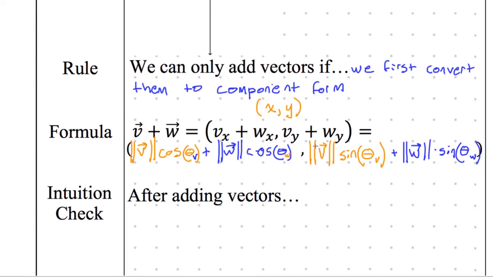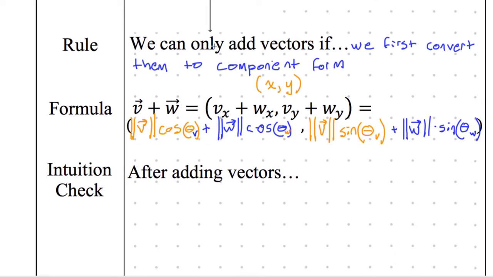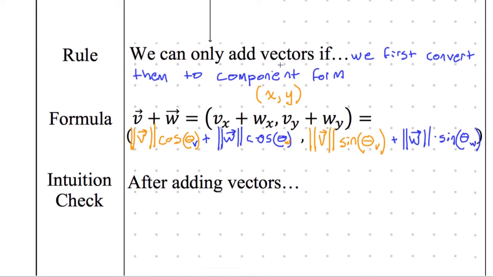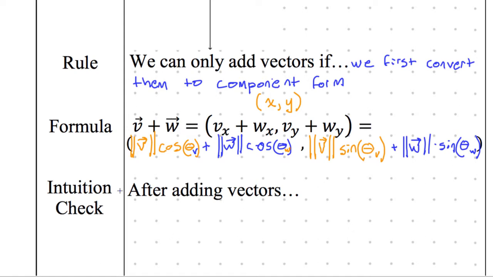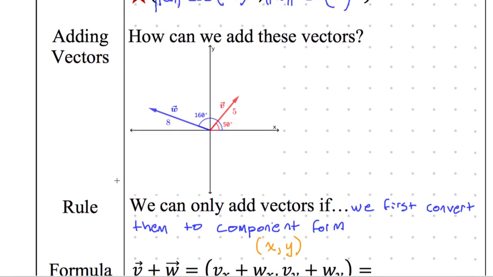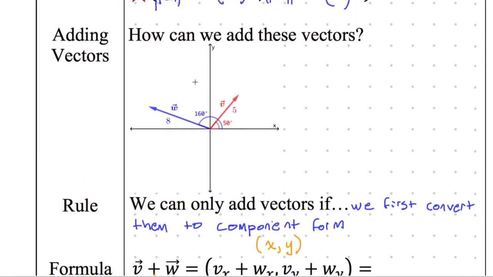And then after every single time that you do the formula or use your math to add the vectors, you need to check your intuition. So our intuition, for example, said that when we did tail to tip, we should end right about there, somewhere right there. So just check that it's roughly where you think it is.